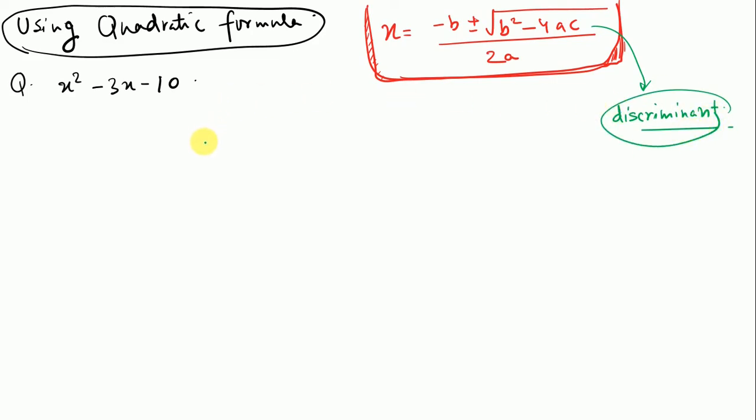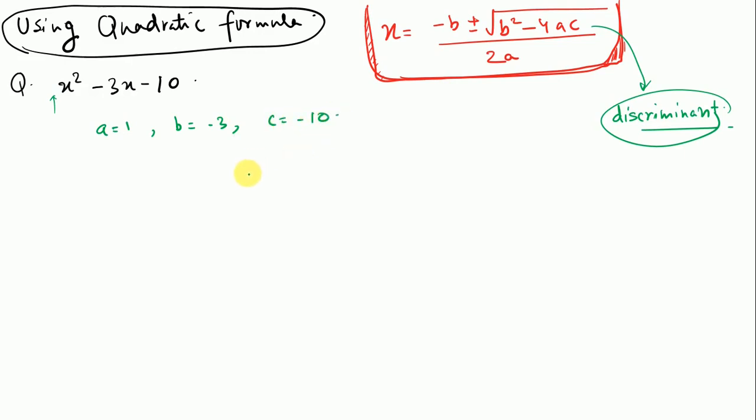Now try to solve the same question which we did just now by using the quadratic formula. In order to use it, first we have to know the values of a, b and c. That's simple. The coefficient of x square is the value of a, that is a equals 1, b equals minus 3 and c equals minus 10.